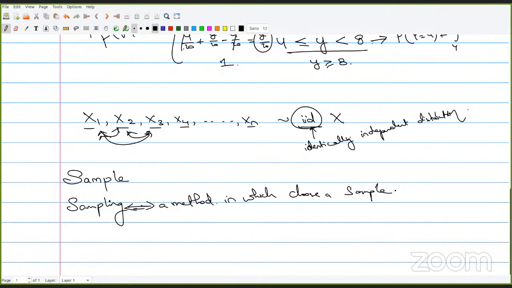I collect randomly some n samples out of an x distribution, which is what sampling means. Sampling is a method, and sample is different from sampling. Sampling is the method, and a sample is what is collected from a population. So x1, x2, x3, x4, till xn is a sample collected out of x.